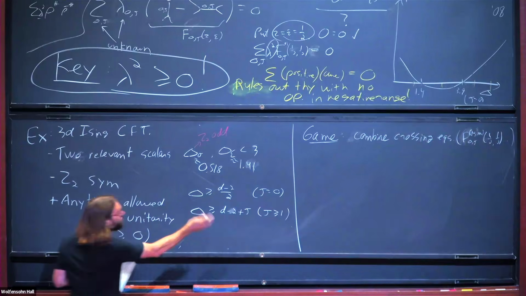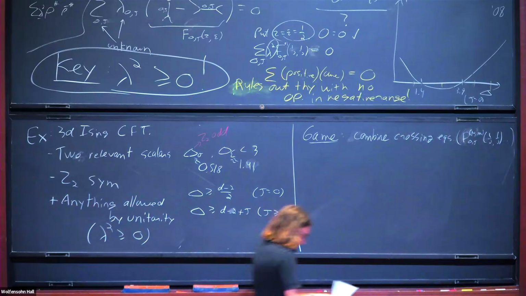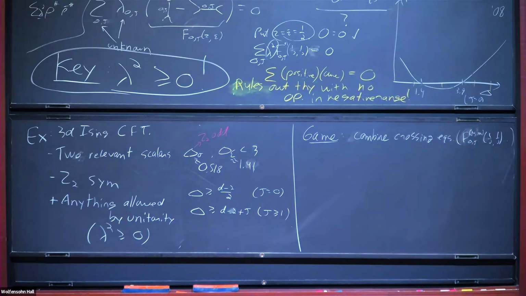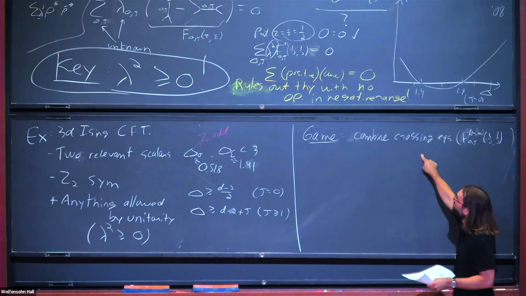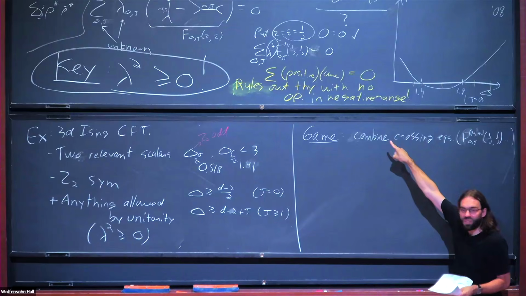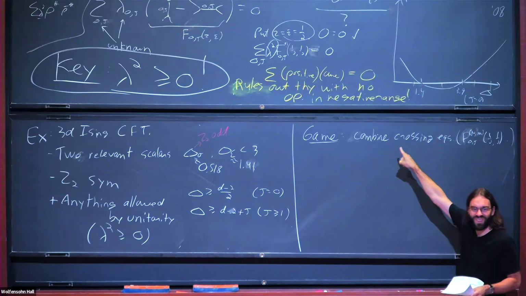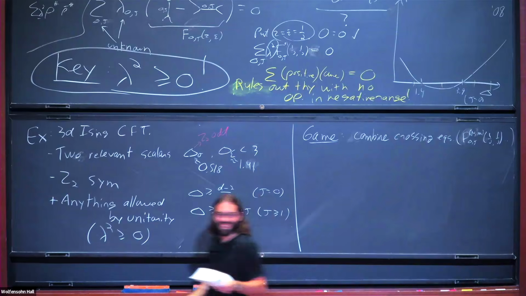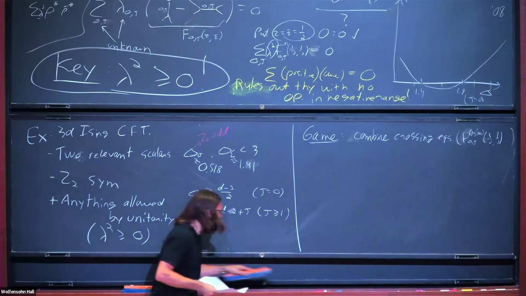So you combine crossing equations, and your goal is, it's a bit adversarial. You have to take this adversarial spirit. Your goal is to combine the equations so that you can run into a contradiction and rule out whatever assumption you made. So you win by failing.